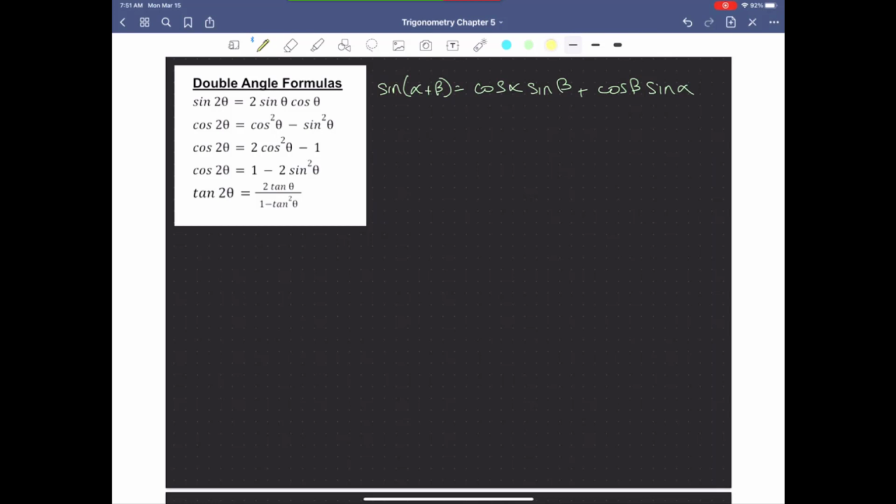So instead of using alpha and beta, how about we use theta? Theta would be in place of alpha, and it's the same angle, so it would be an alpha and an alpha. So in our formula, what would we have? Cosine alpha sine alpha plus cosine alpha sine alpha.